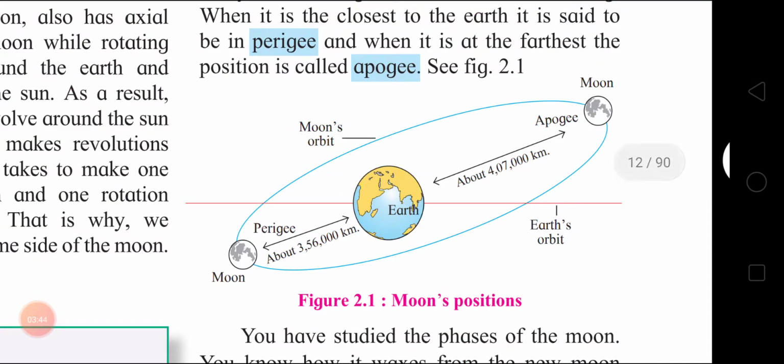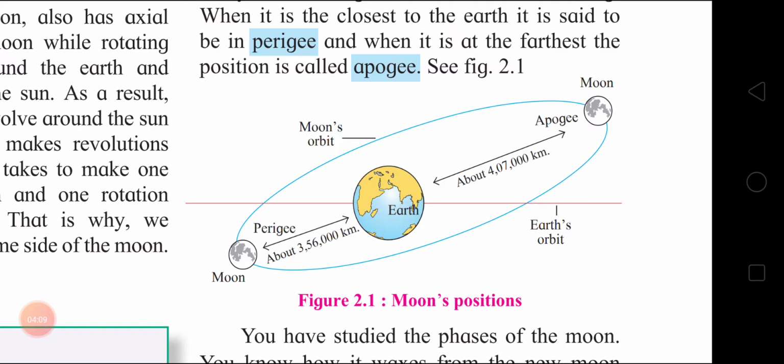Now children, if you will see this picture, now in the middle earth is there, correct, and see the moon, left side moon, the distance from the earth is about 3,56,000 kilometer. Means this distance is called as perigee because it is the closest to the earth.